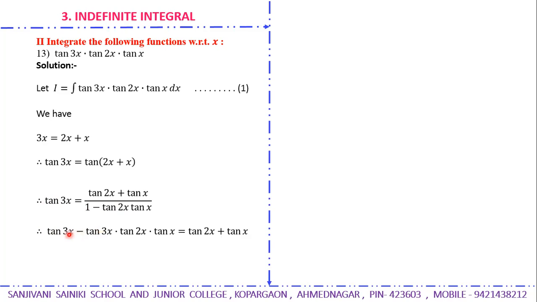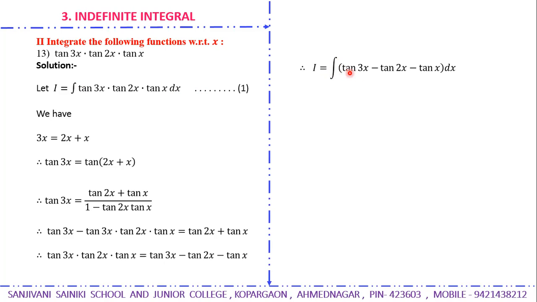Take this denominator to that side, multiplied by tan 3x. You will get tan 3x minus tan 3x tan 2x into tan x. Take this term to this side and these two terms to the other side. You will get tan 3x into tan 2x into tan x is equal to tan 3x minus tan 2x minus tan x. So our integral will be integral of tan 3x minus tan 2x minus tan x dx. This is our new integral.